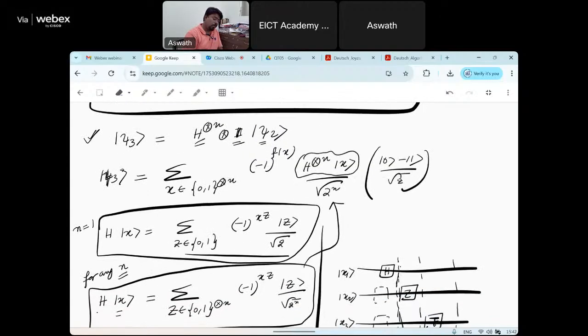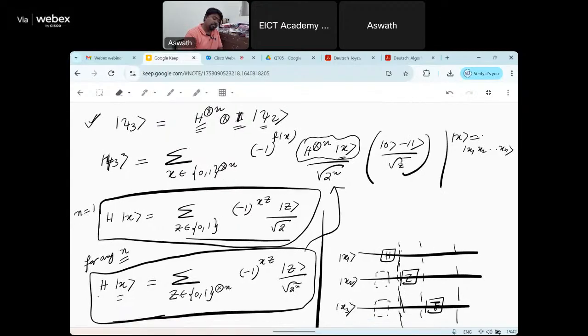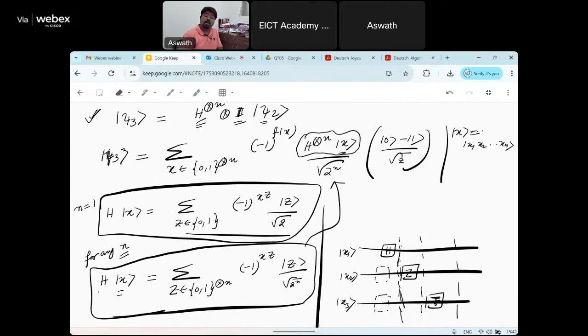Okay, now if you explicitly send Hadamard into the expression, Hadamard goes acting on the x, where x would be a combination of x1, x2 and so on up to xn. So how do we get Hadamards acting on such x?